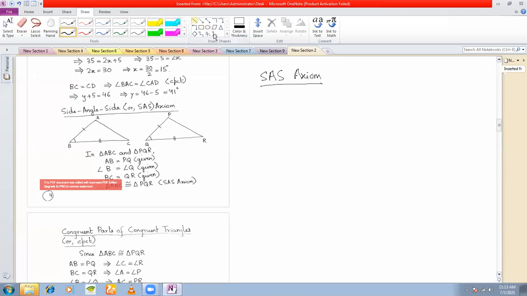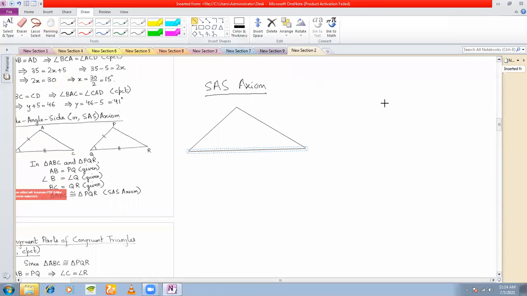So let's see how to use this axiom. Say two triangles are given to you. ABC and say PQR given.